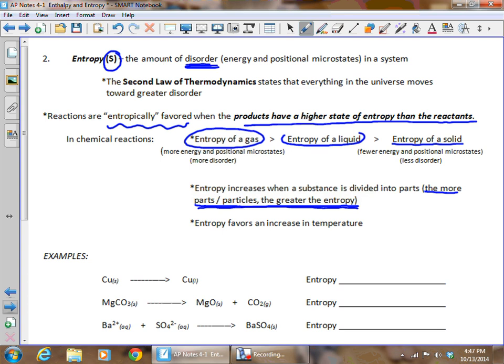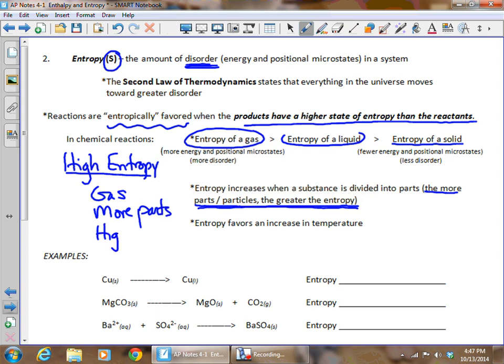So we're looking at a high entropy being a gas. A gas has high entropy. We're looking at more parts and an increase in temperature. It's also going to give us a higher entropy.